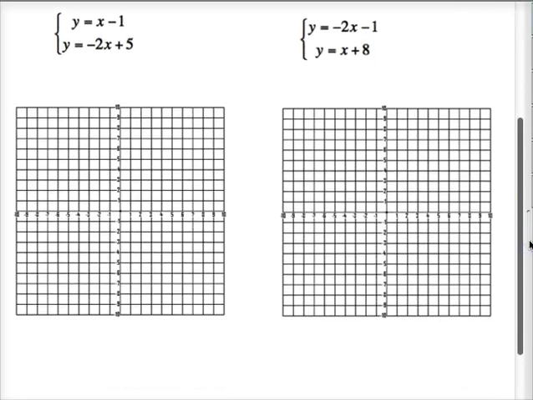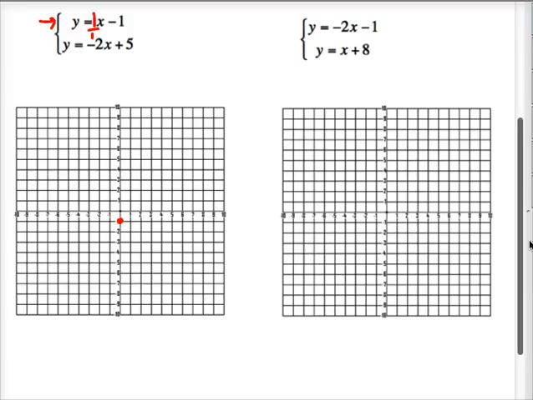So let's take a look. So our first line is y equals x minus 1. So I have a y-intercept down at -1. And then notice the x is by itself, so think of that as 1 over 1.